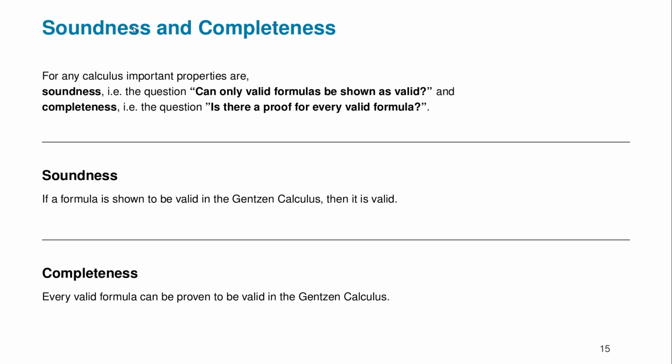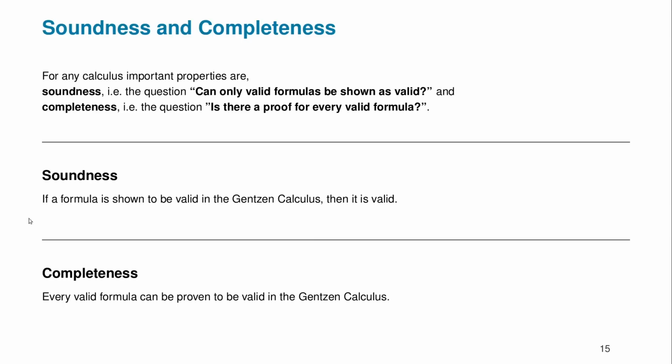And also here for the sequent calculus we have important properties which are soundness and completeness. In this context, soundness means: can only valid formulas be shown to be valid, so is the result always correct? And completeness deals with the question, is there a proof for every valid formula?